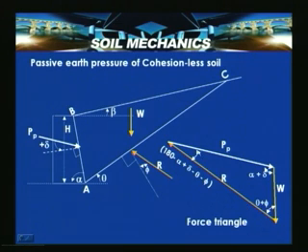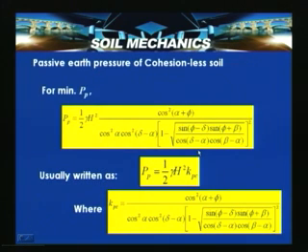Now, continuing in a similar way, by adopting the same procedure, we can calculate the minimum PP. Then we can calculate the passive earth pressure thrust, PP is equal to half gamma h square into this particular entire expression, and this is referred to as KPC, that is Coulomb's coefficient of passive earth pressure.